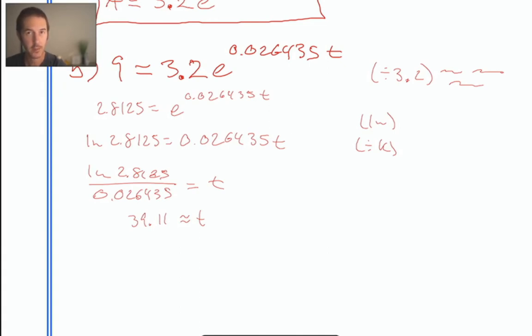Time since the beginning of time? Since the Big Bang? Since the dinosaurs? Go back and refer to the original problem. It refers to the number of years since the year 2000. So this is 39.11 years after 2000, which puts us into the year 2039.